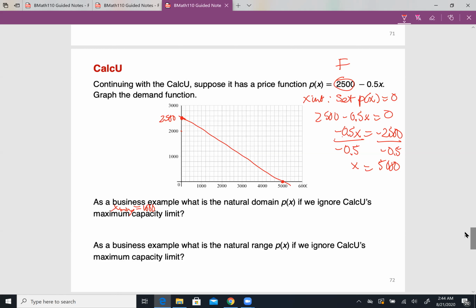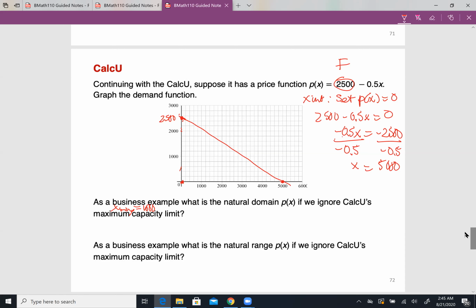Then you can see that, in order to make this function make sense in this real life problem, the input x just goes from the minimum of 0 here, to the maximum of 5,000 here.